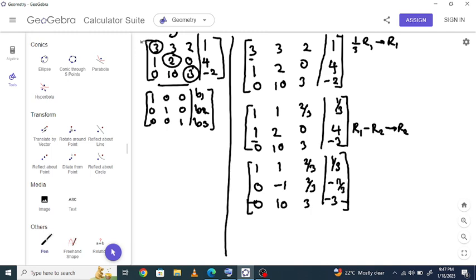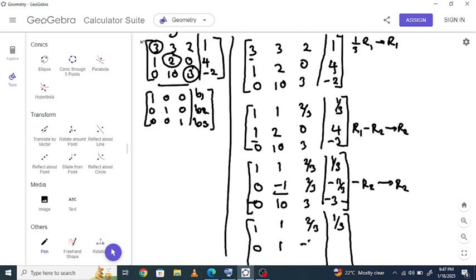When you look at it quite well, we need a positive here, so we're going to say -R2, and that operation remains on row 2. Then you write it clearly here. We will have 1 1 2 over 3 1 over 3, 0 1 -2 over 3, 11 over 3.